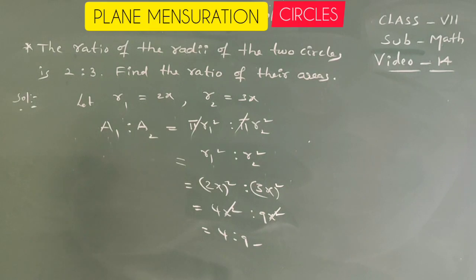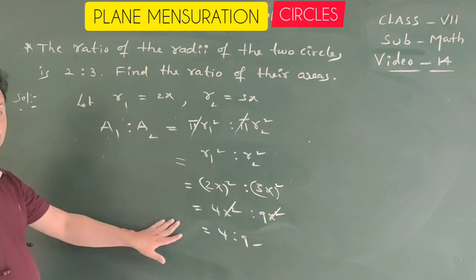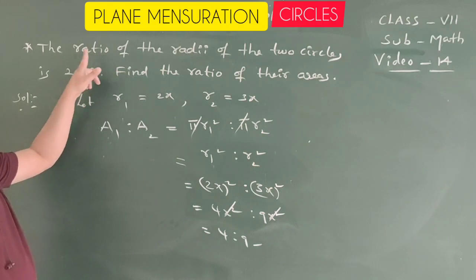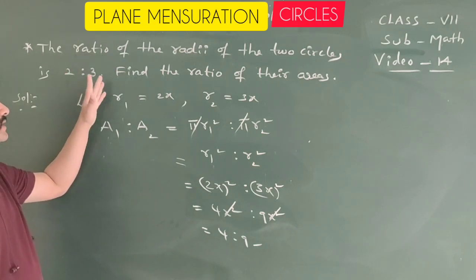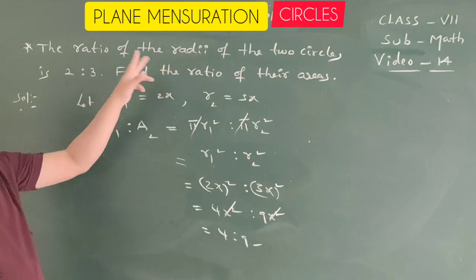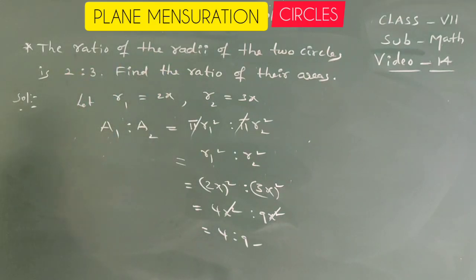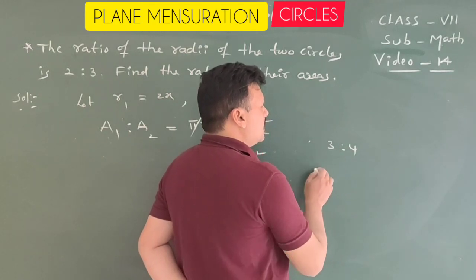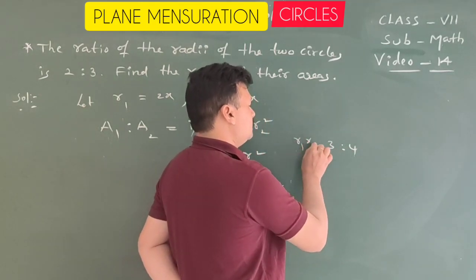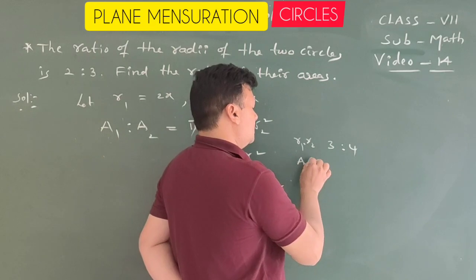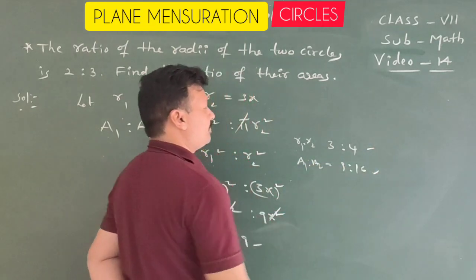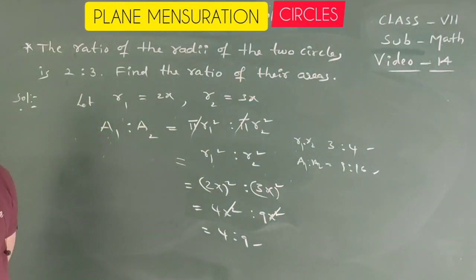So if you generalize the statement, if the ratio of the radii of circles is 2:3, then the ratio of the areas is 2 square to 3 square. If the ratio of radii is 3:4, then the ratio of areas is 9:16.